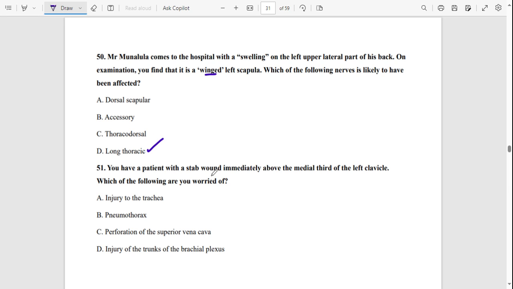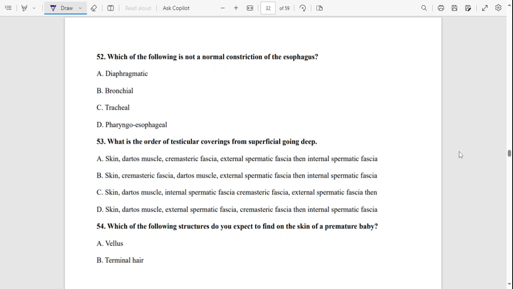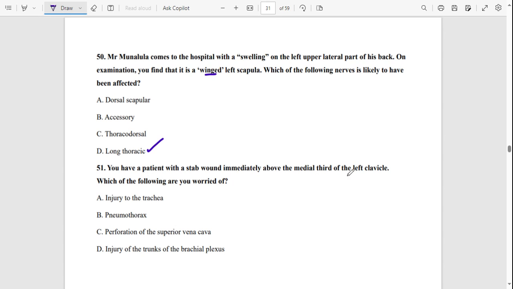You have a patient with a stab wound immediately above the medial third of the left clavicle. Which of the following are you worried about? So we've been told there is a stab on the medial third, just immediately above. Let's say we are talking about the left clavicle.